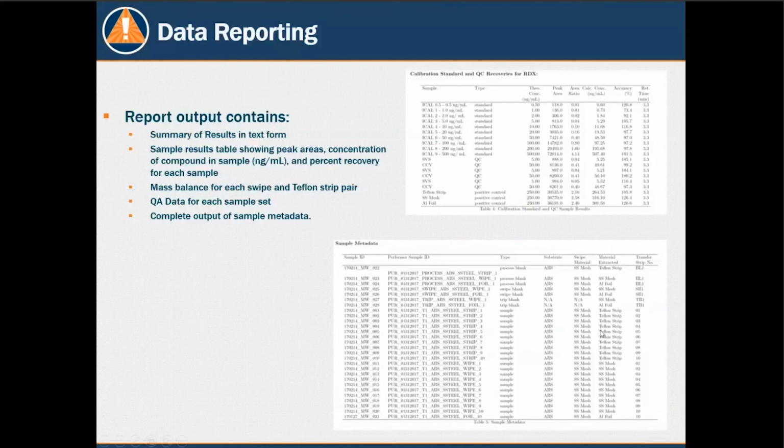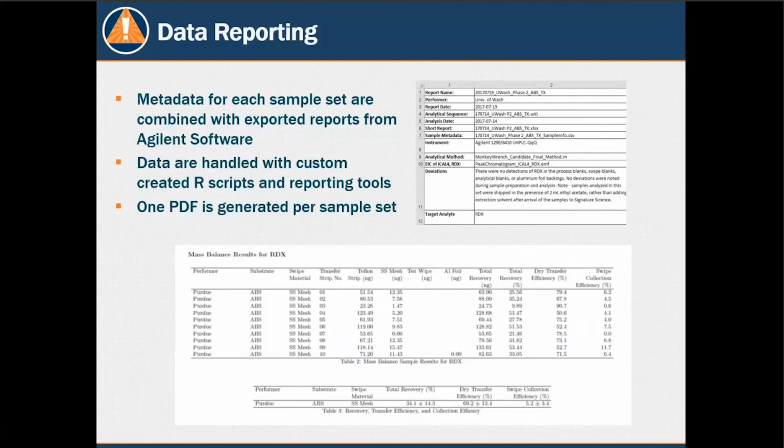All right, thanks, Alan. You're welcome. I'm gonna jump up for just a second to draw your attention over here to some typical results. You can see dry transfer efficiency, getting the residue off the dry transfer strip onto the surface to be contaminated, was generally pretty high. And swipe collection efficiency was generally not.